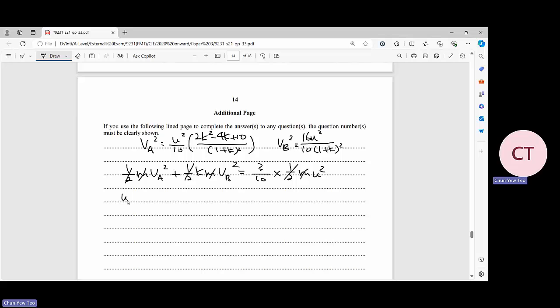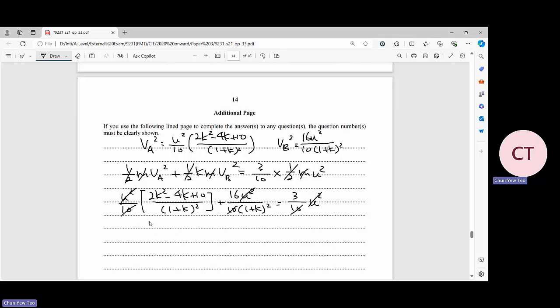So you have the VA square, 2k square minus 4k plus 10 divided by 1 plus k square, plus the 16u square over 10, 1 plus k square, is equal to 3 over 10 u square. Now we cancel the u square. We cancel the 10.